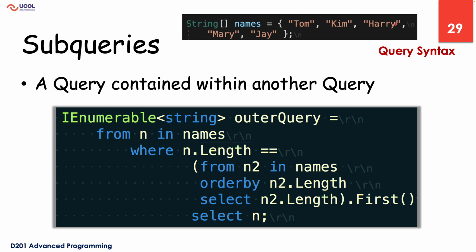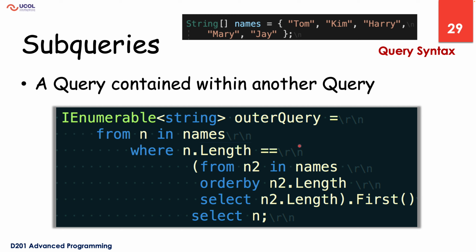That will be the output. But now we are saying .First, take only the first element. So we have 3, 3, 3, 4 and 5. 3 is the first element, so it will take that value and place it there. So now after the execution of this subquery, it will become where n.Length is equal to 3, select n.